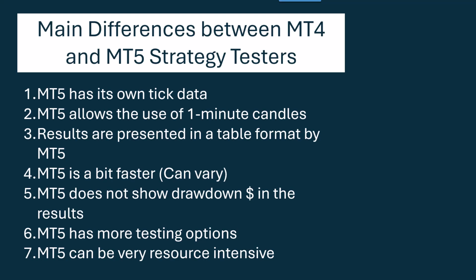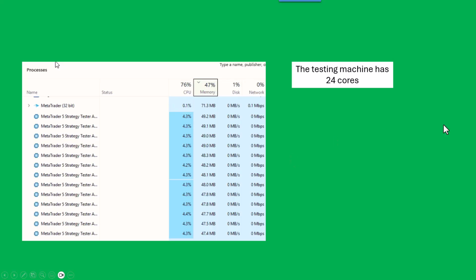But one of the biggest things that, again, why I'm an MT4 supporter is that MT5 can use a lot more resource. And when we say a lot more, I'm going to show you a chart on that. And here we are. So I have a pretty strong machine, and I'll show you the specs for the machine that I use for testing.